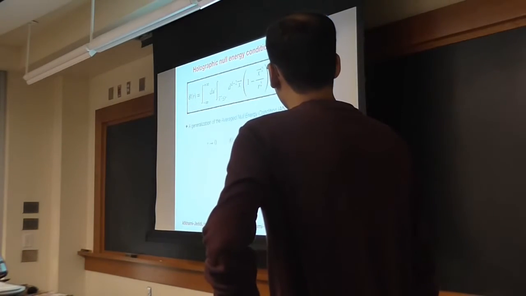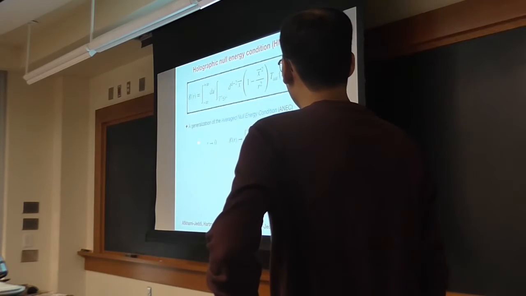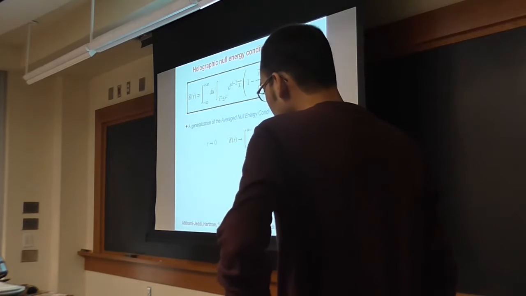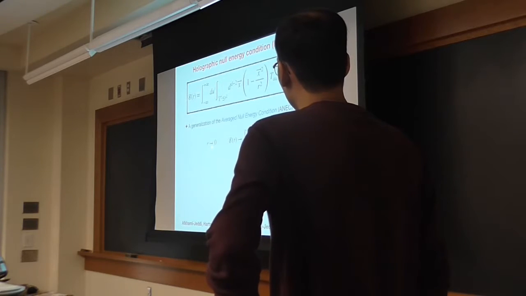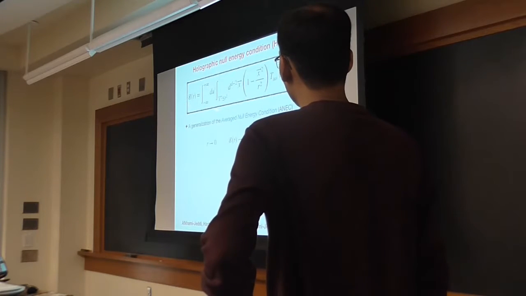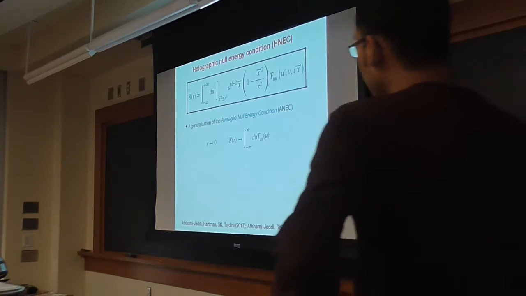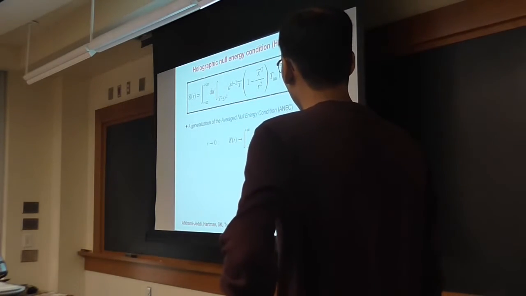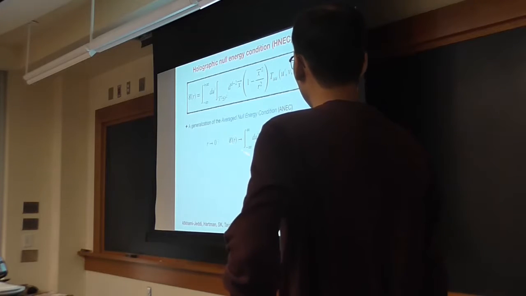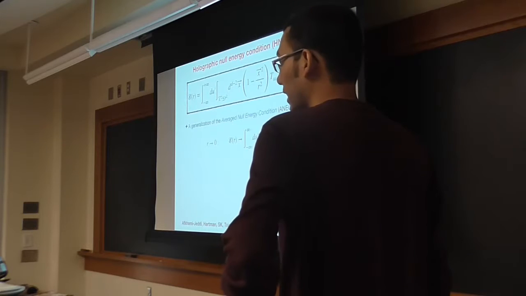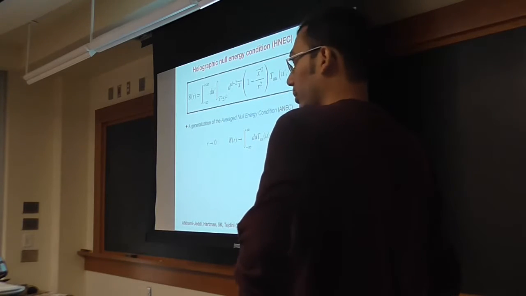It has the following properties. If you take the limit r goes to 0, it gives you the averaged null energy condition. So in this particular limit, the positivity of this operator is true for any CFT. The reason this is way stronger than the averaged null energy condition is this: if you take this operator and find its expectation value, it gives you some number which should be positive.